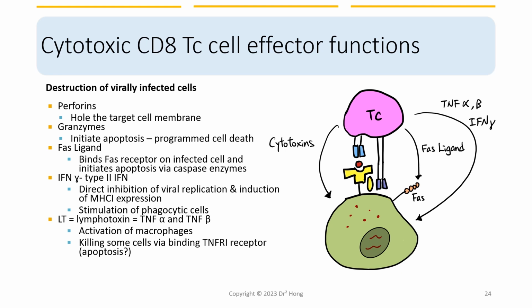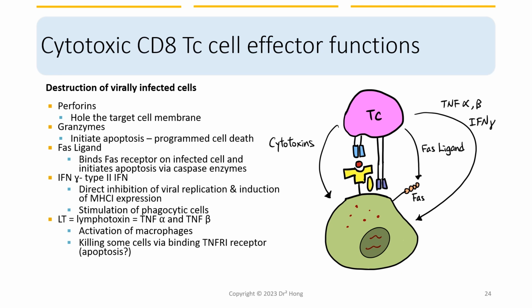Perforin is going to poke a hole in the target cell membrane, and granzyme is going to initiate apoptosis, aka programmed cell death. A new molecule here is the Fas ligand. Fas ligand is going to be released by cytotoxic T cells and bind to a Fas receptor located on the infected cells, and also initiate apoptosis via something called caspase enzymes.